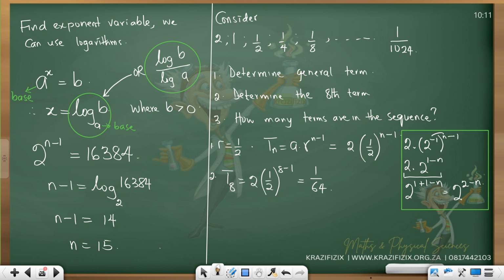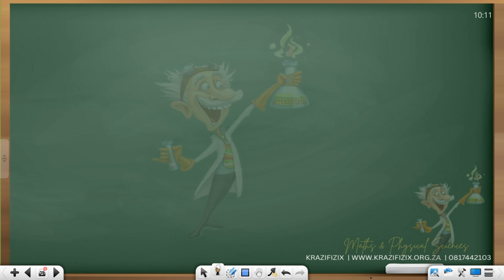1024. What's our Tn again? All right. So Tn is 2 into 1 over 2 to the power n minus 1, equals 1 over 1024 rather. How do we do this? I think I can divide both sides by 2.